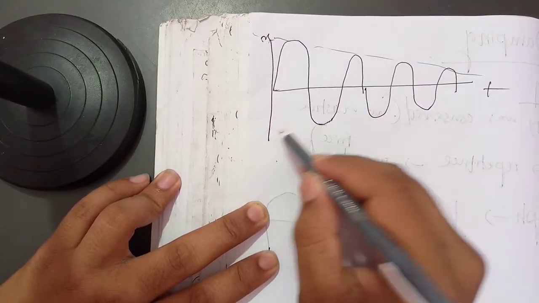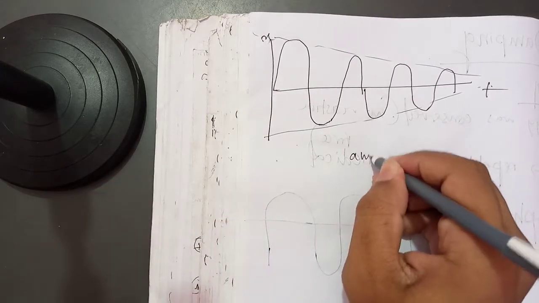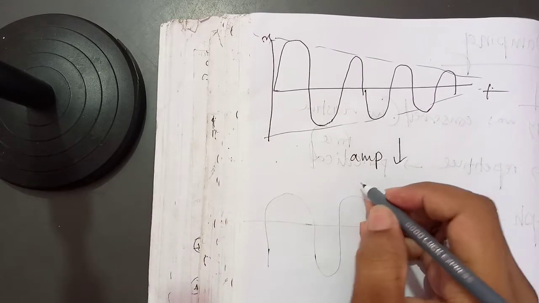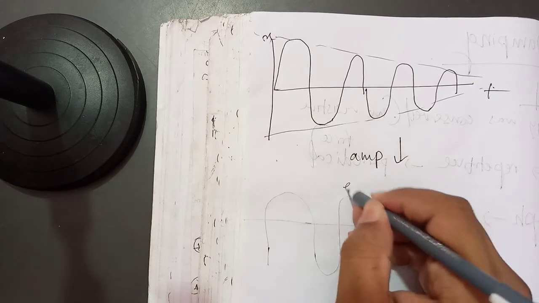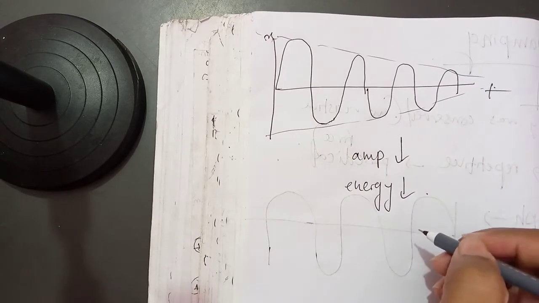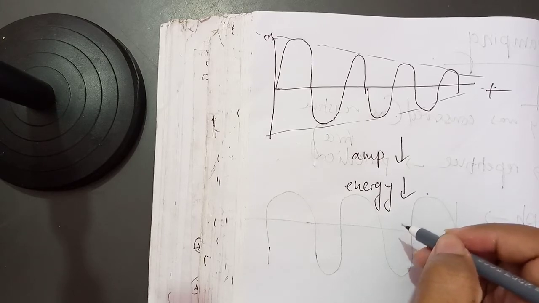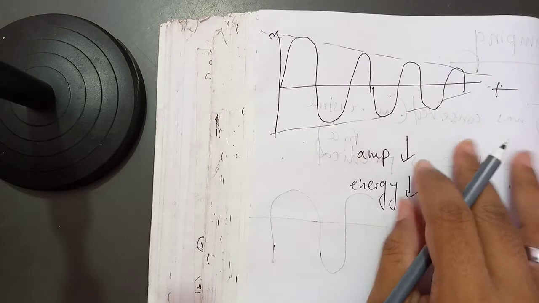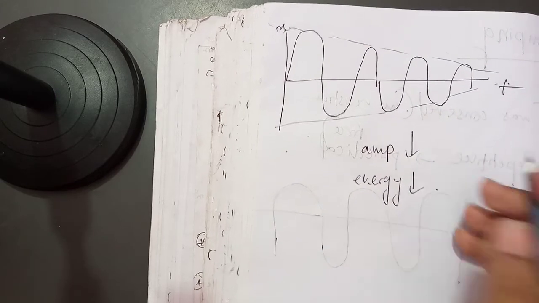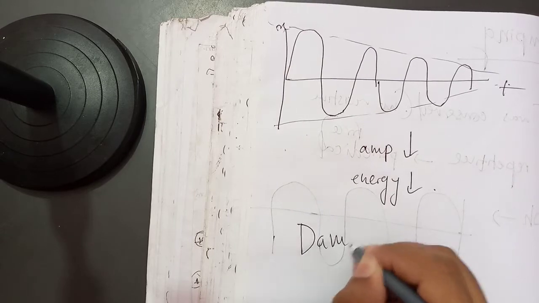So the amplitude is decreasing. The amplitude decreases because the energy is decreasing, and we can also, in a way, call this critical oscillation, but we name this process damping.